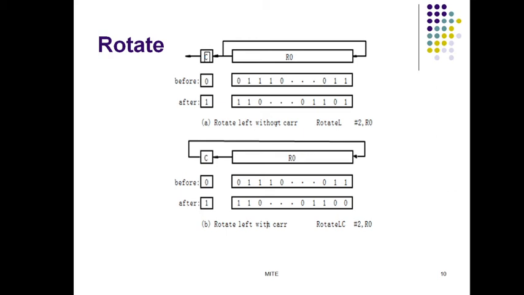We shall see in the figure left and right rotate operations with and without the C flag being included in the rotation. Note that when the C flag is not included in the rotation, it still contains the last bit shifted out of the end of the register. In mnemonics, RotateL, RotateLC, RotateR, and RotateRC denote the instructions that perform rotate operations.